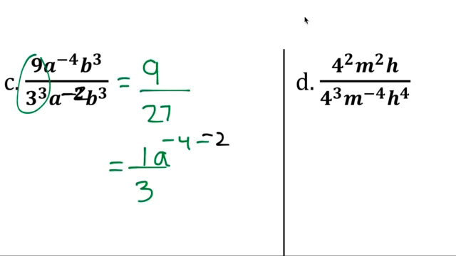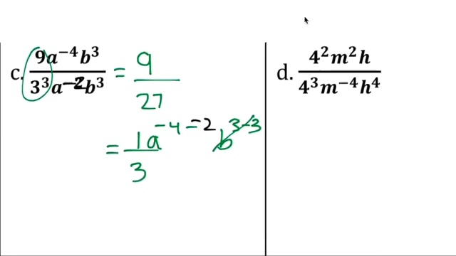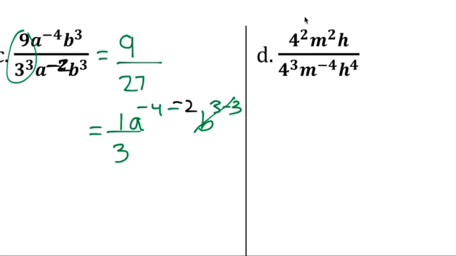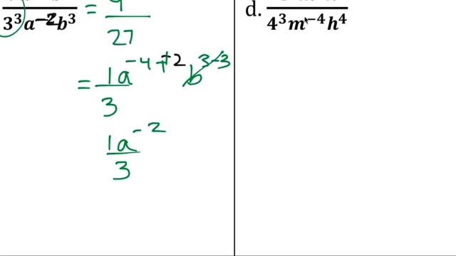And then b to the third minus third. Same thing, that's 1. Okay, can't have negative exponents, so you got 1 over 3 a to the second.